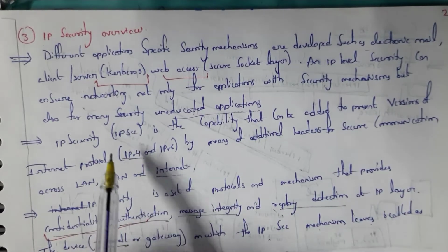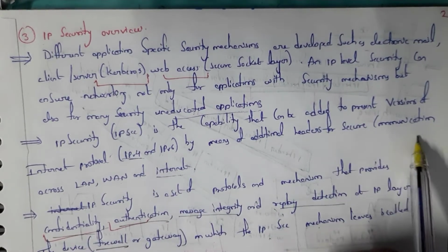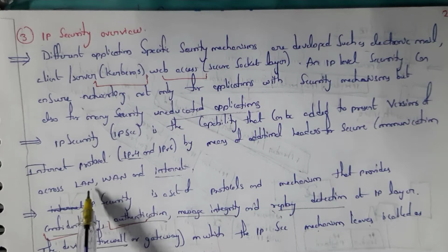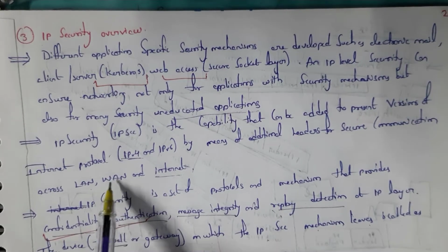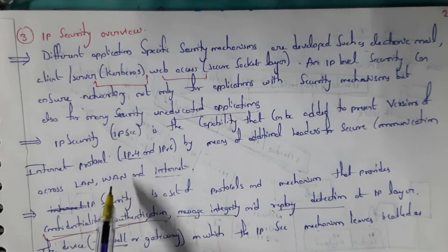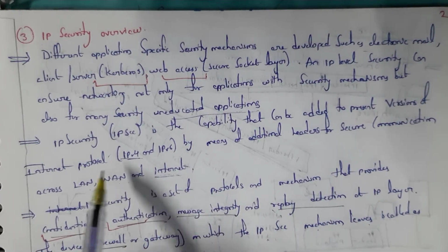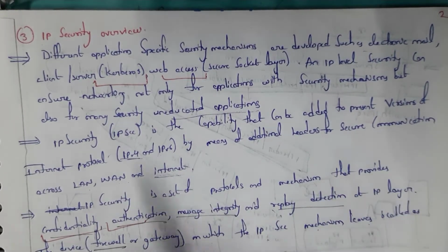LAN stands for local area network. WAN stands for wide area network. IP security provides secure communication for all of these.